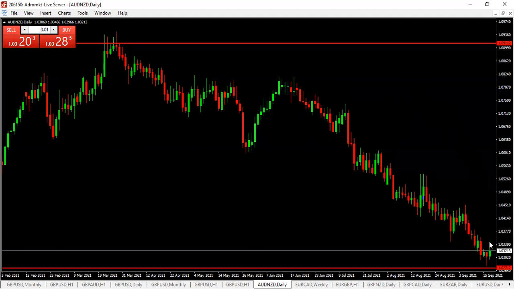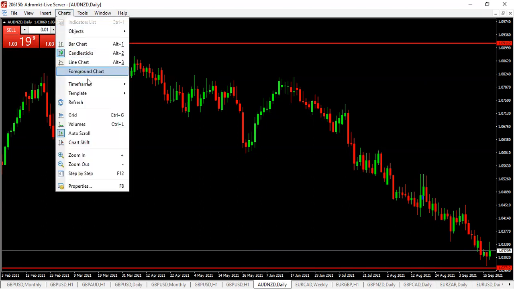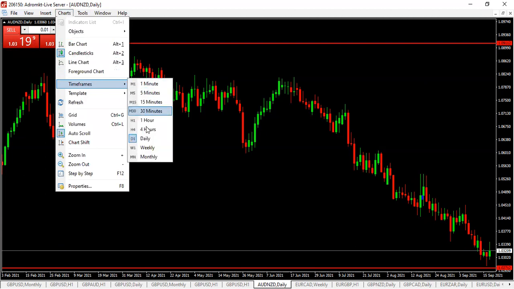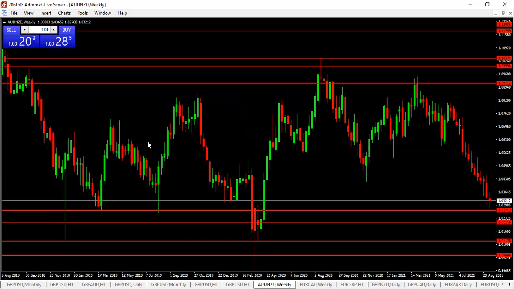It was actually way up here, but then the bears are trying to push it back down. I am not saying that this market is going to go up, but just based off of the historical data, because I am a technical trader, I look for historical price movement.